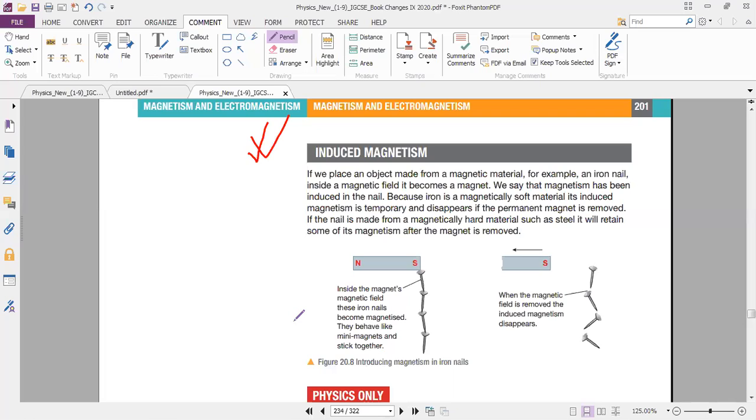And induced means magnetic field inserted into the material, it's called induced.